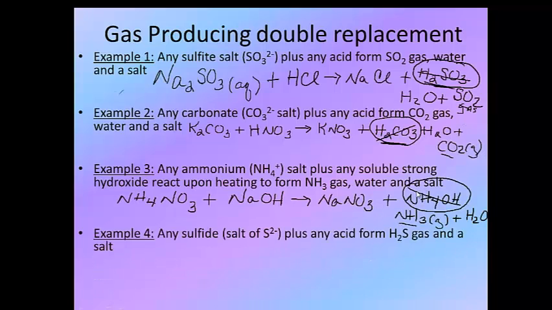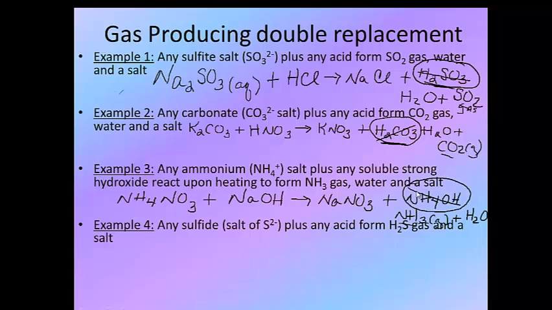The 4th one is nice and simple. It just turns up. You don't have to recognize anything. You just do the double replacement reaction and bam, there it is. So let's say, for example, a sodium sulfide reacting with acid. Let's use HCl again. Double replacement reaction, recognizable because it's a compound and a compound. Both reactants are compounds.